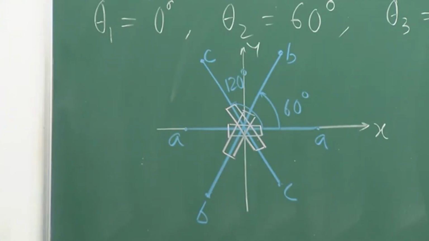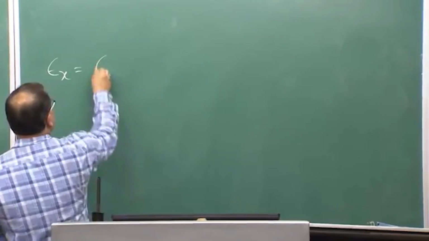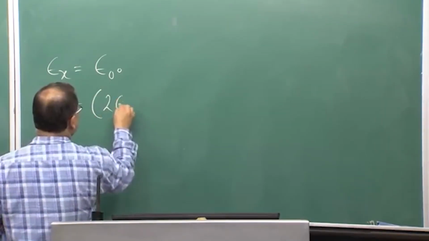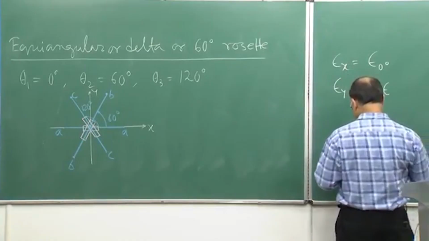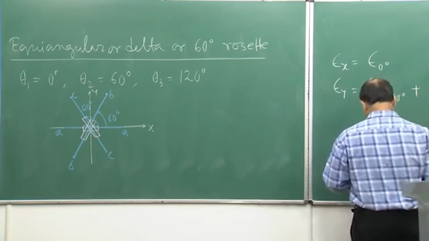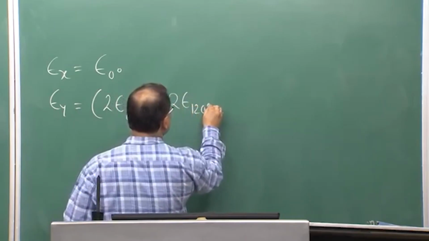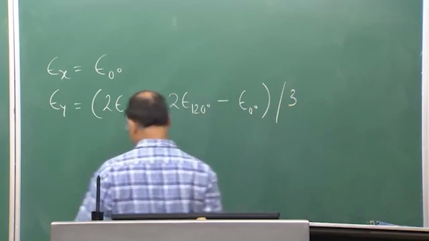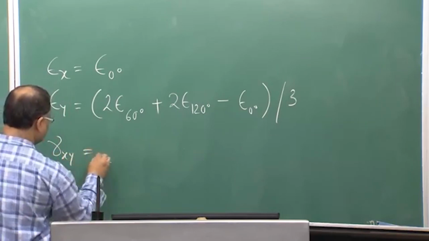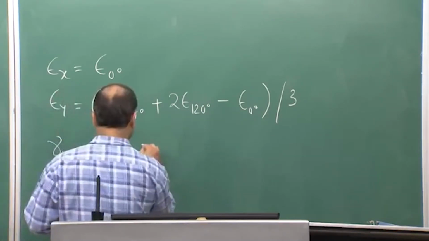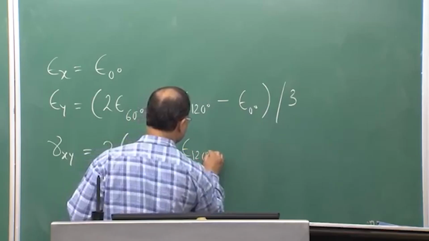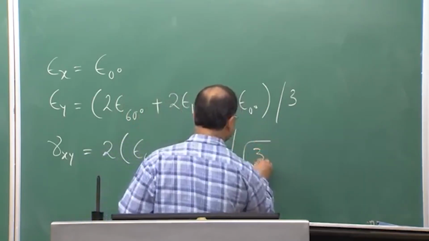So, from there we can simply write epsilon x equal to epsilon 0°, epsilon y equal to twice of, that can be obtained from those three equations pretty simply, epsilon 60° plus epsilon 120° minus epsilon 0° by 3 and gamma xy can be obtained as twice of epsilon 60° minus epsilon 120° by root 3.